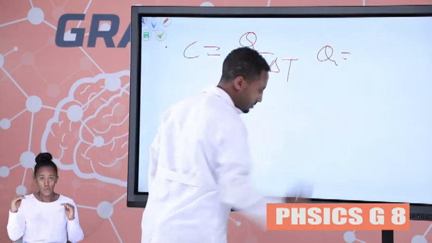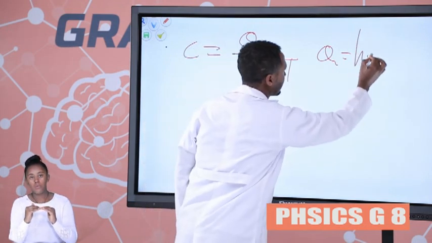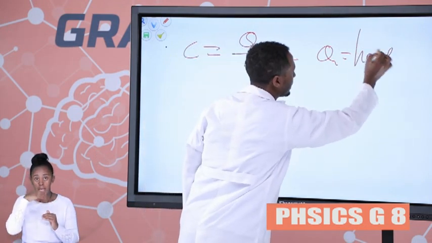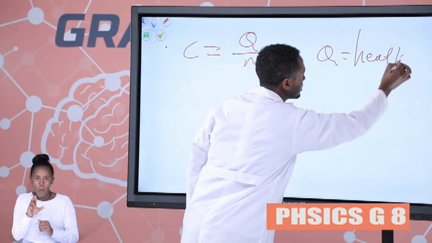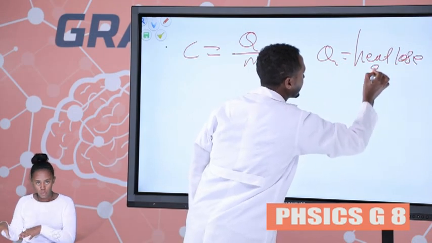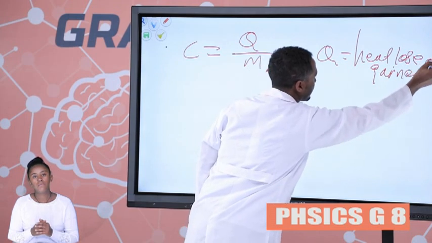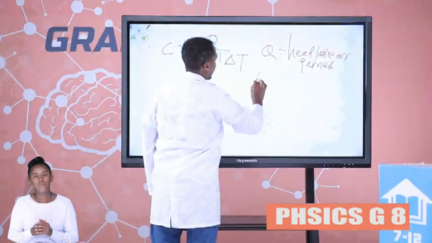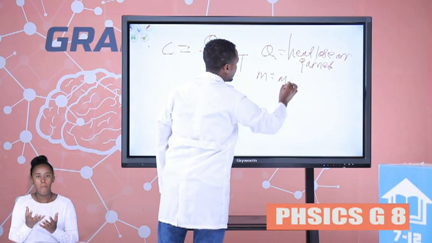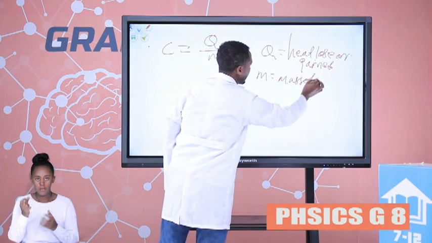Q is equal to heat energy, heat lost or gained. M is the mass of a body.